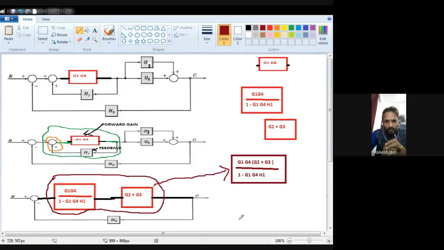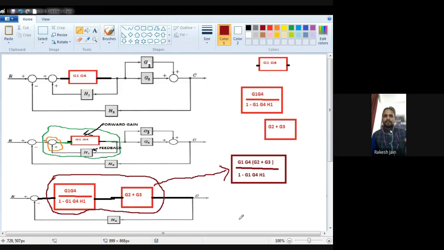See carefully. In this step, what we did: the G1 G4 upon 1 minus G1 G4 H1 block and the G2 plus G3 block, which we have already solved earlier, come in cascade. So we know the rule: if the blocks are in cascade, just multiply them with each other. So when we multiply, my answer is G1 G4 multiplied by G2 plus G3, divided by 1 minus G1 G4 H1.